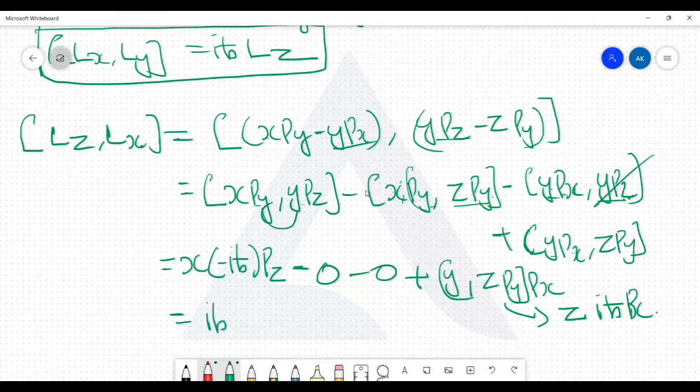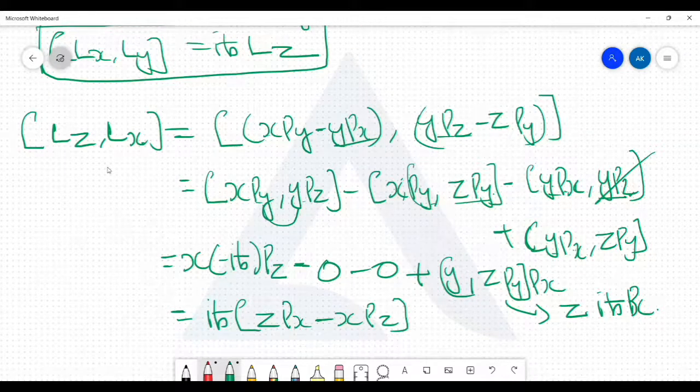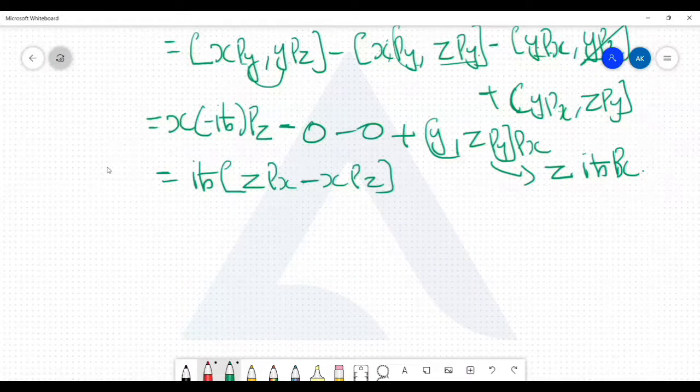Therefore, i h cross, I am taking out, z px minus x pz, which is Ly, right? Therefore, the commutator of Lz, Lx is equal to i h cross Ly.